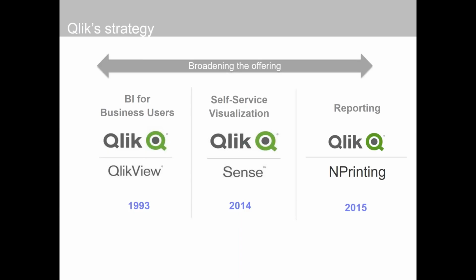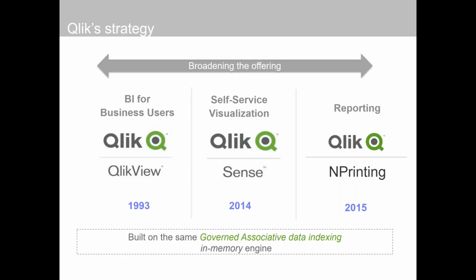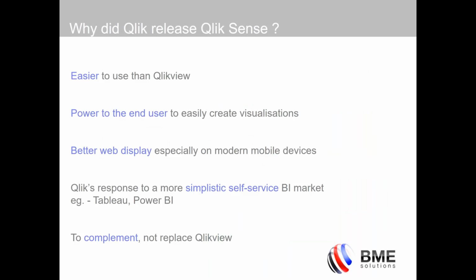And NPrinting really is for reporting as opposed to dashboard analysis. A few of you actually use NPrinting as well. But very importantly, all three of these products are built on the same technology. They're built on the same data engine. So whether it's QlikView, Qlik Sense, or NPrinting, they all use the in-memory associative engine that Qlik has.